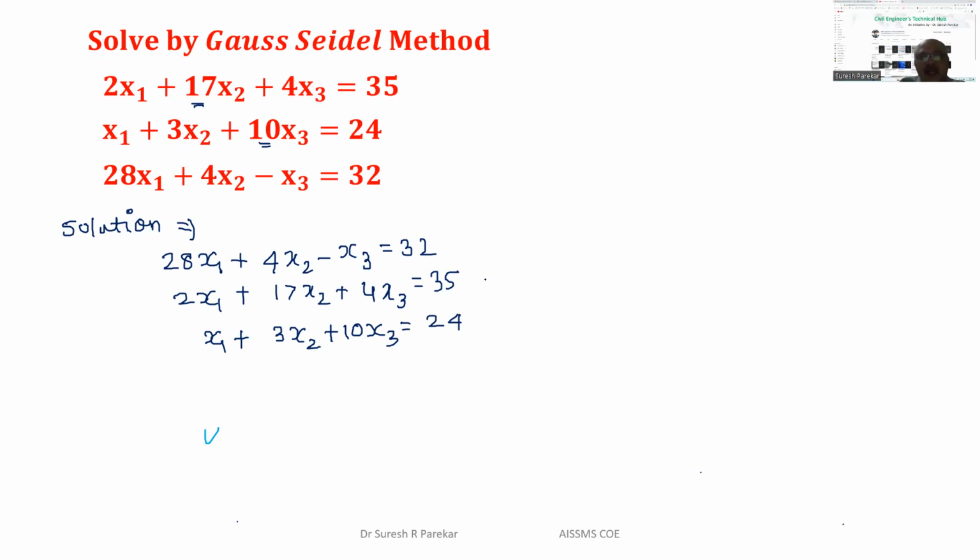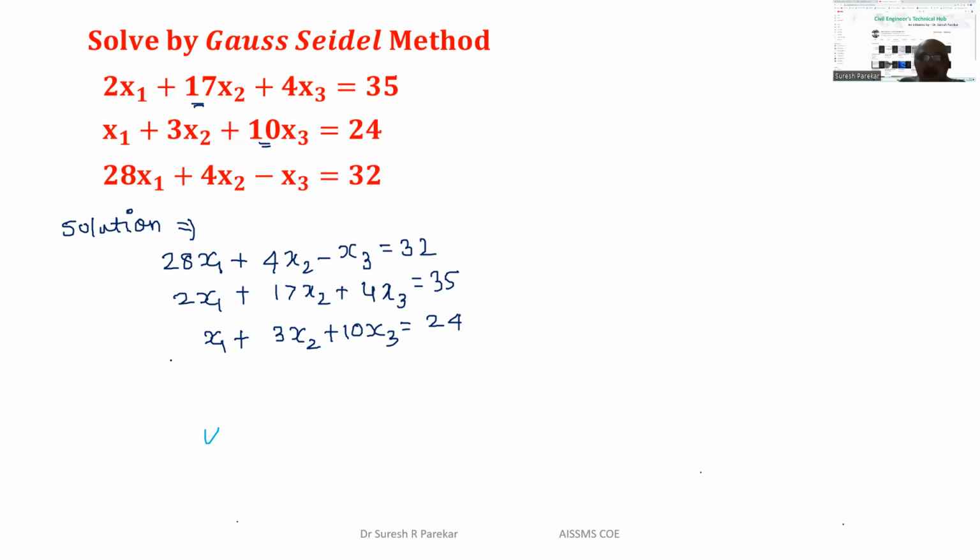So we have these three equations, and now we have this as diagonally dominant, and we have to find the values. Already we have seen that in Jacobi we have separate iteration, whereas in Gauss-Seidel we have to consider the values obtained from previous calculations.